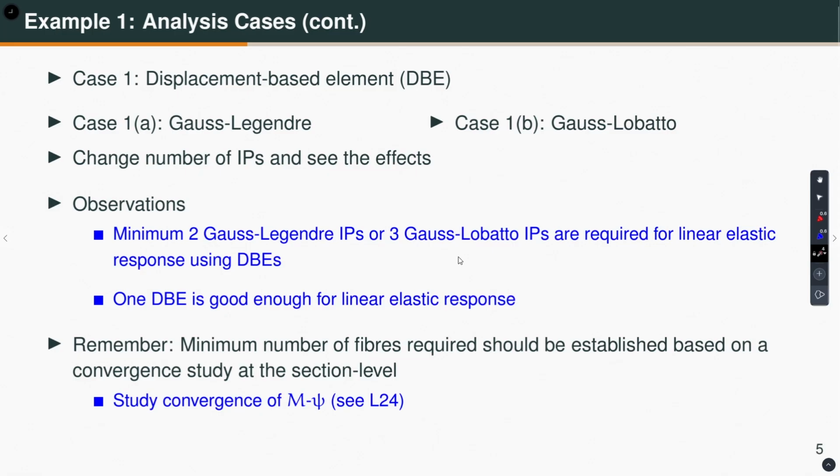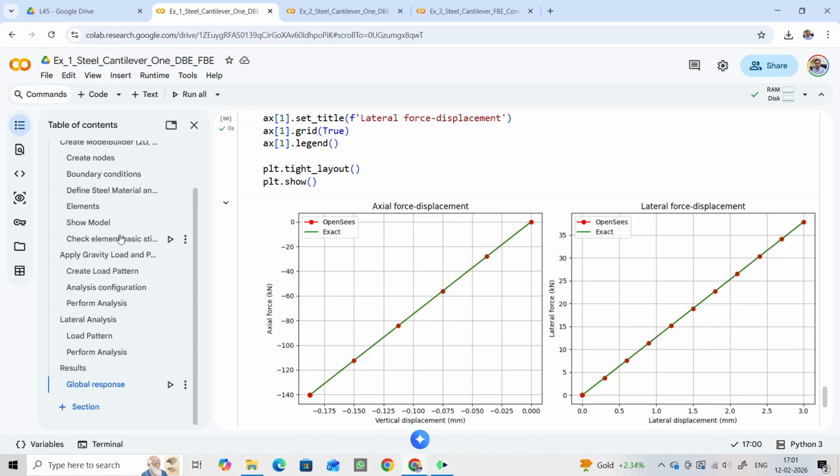Now, remember that a minimum number of fibers are required for the cross section discretization, and this should be established using a convergence study at the section level. Please go to lecture number 24 where I discuss this. You have to look at moment versus curvature convergence. I will show you quickly what happens.